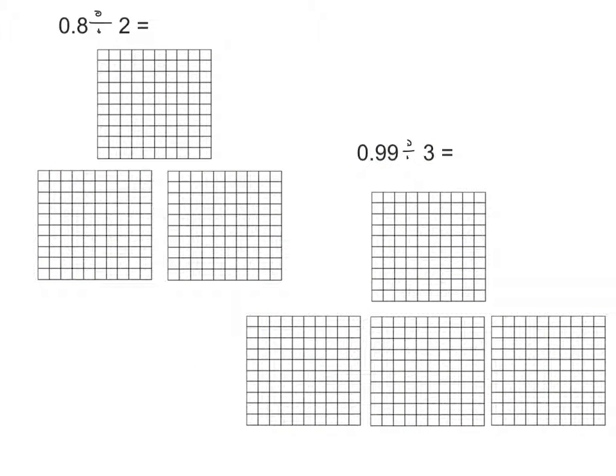These last 2 examples show how to model a decimal divided by a whole number. So, similar to what I was doing in the previous examples, I'm going to start by shading 8/10, and I know that's the same as 8 rows.